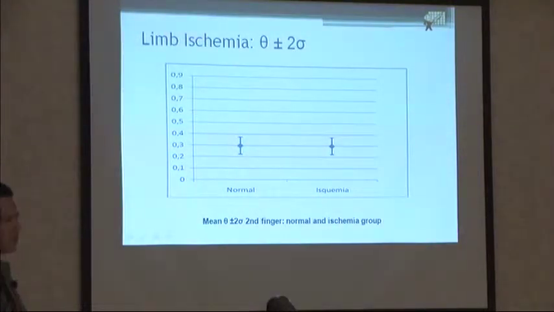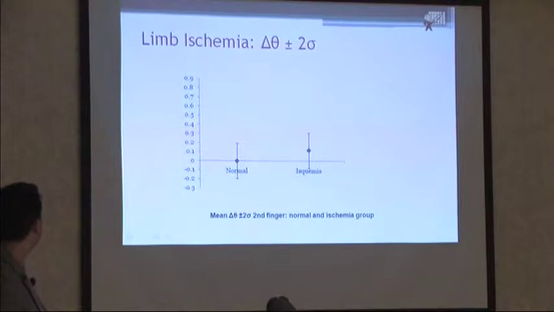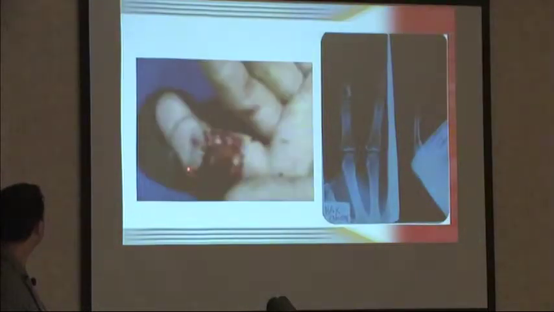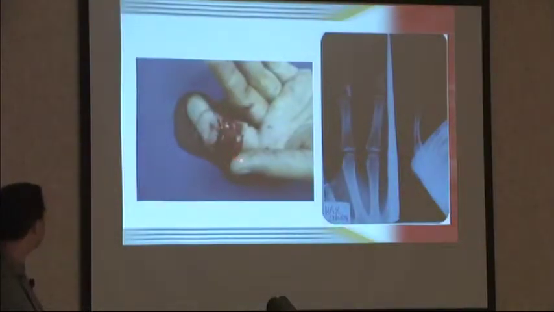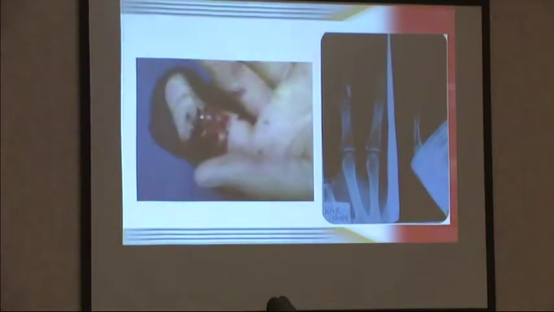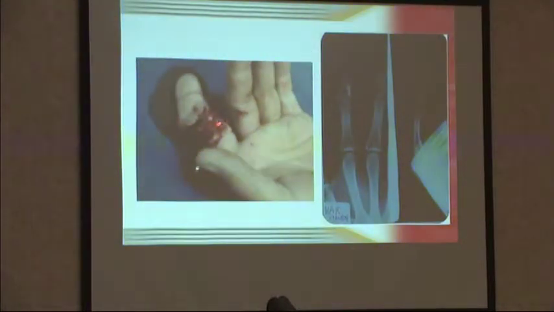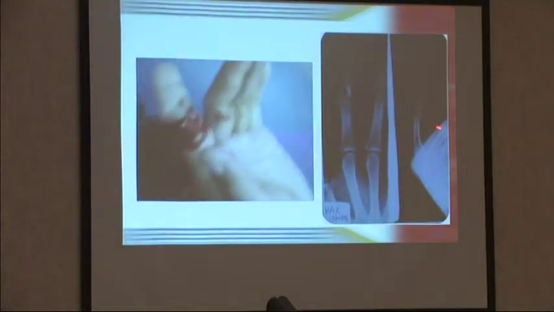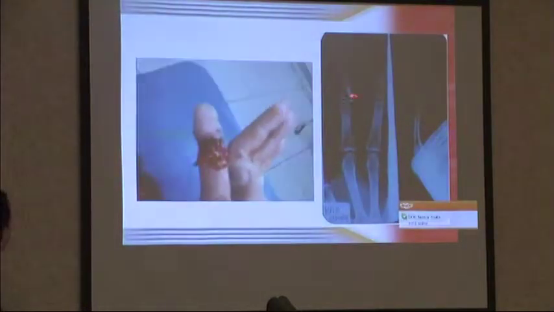And limb ischemia, doing the opposite. For example, this is a case of a man, an engineer, that hurt his finger and almost lost it. This is the radiography showing the fracture.